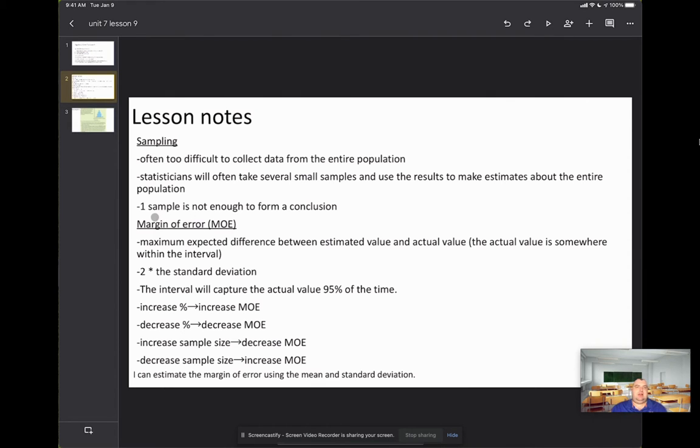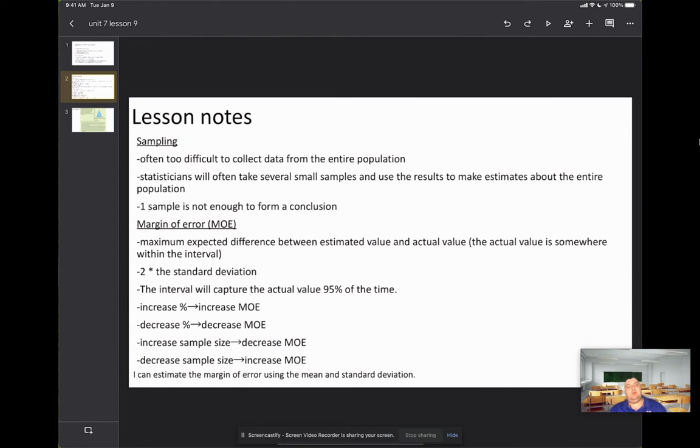The key here is that one sample is certainly not enough to form an unbiased conclusion. The reason being is there could be a lot of variability, which is why we'd like to collect more than one sample before we make a conclusion.